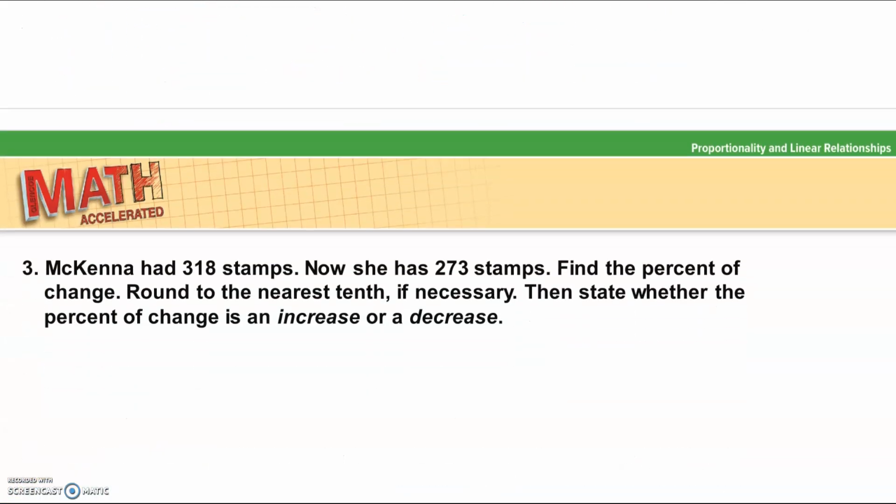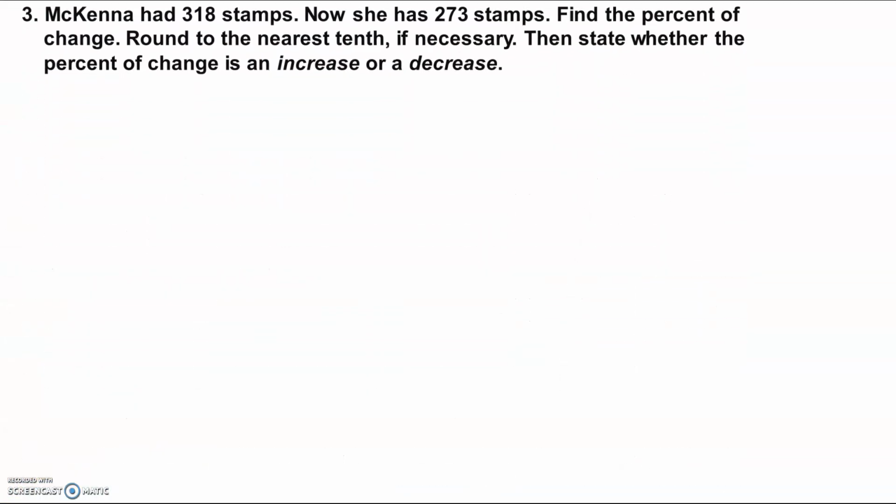All right. One more example, and then we'll talk about something else. So McKenna had 318 stamps. Now she has 273 stamps. Find the percent of change. So step 1, find the amount of change.